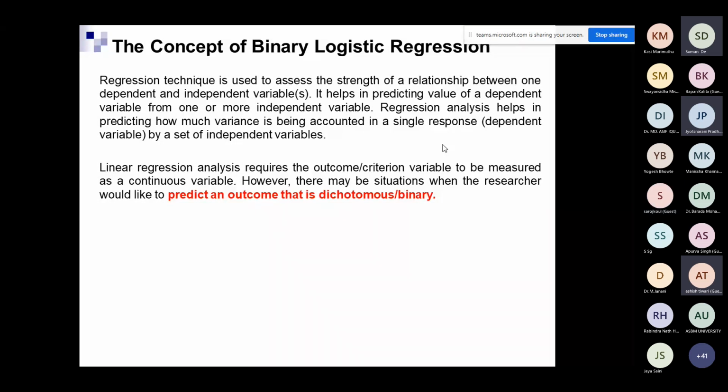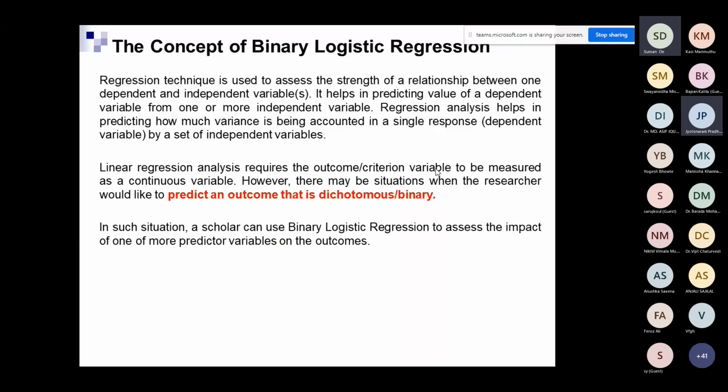We can predict. You have a couple of independent variables, numeric or categorical. Your outcome variable is only dichotomous, yes or no, pass or failure. How can we run this kind of scenario? We call it binary logistic regression.